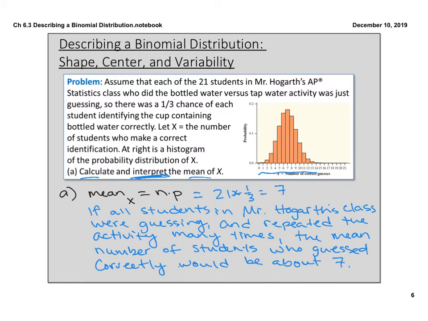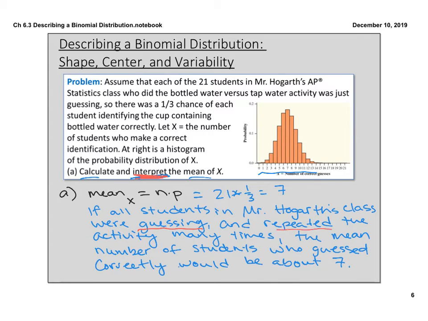Okay, so a couple of key pieces to this interpretation. This is where the real meat of the answer comes into play. This is going to be important for your AP exam on how you write these things out. So we address that they're guessing because that means that every probability is the same. We're assuming that everybody's going in with the same knowledge, or in other words, without having any knowledge. They're just going in and guessing.